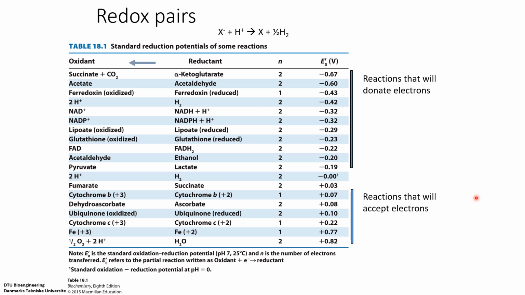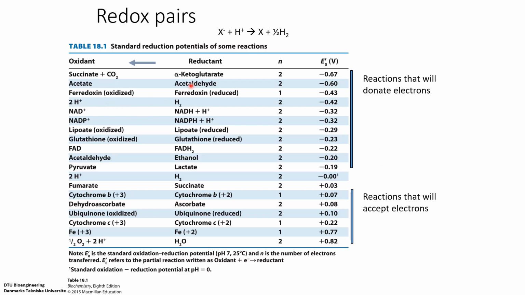Now, reductions and redox pairs. What do we have? We have a lot. We're going to concentrate a lot on the NAD plus redox pair with the NADH redox pair. So it's a two electron transfer, and as you can see here, all the top reactions are reactions that donate electrons.